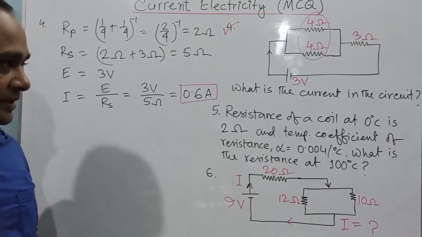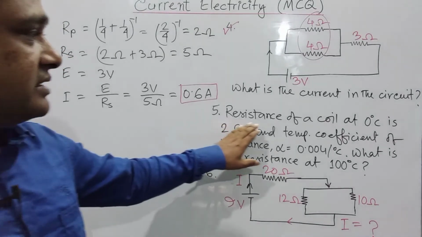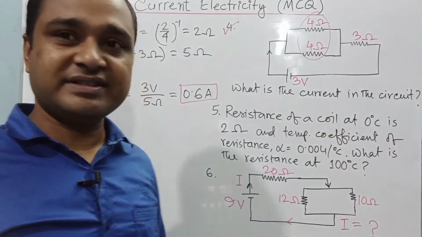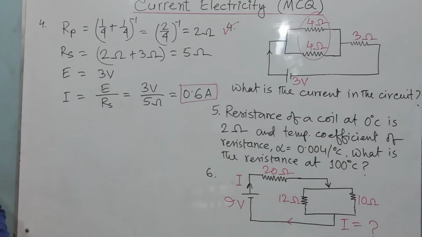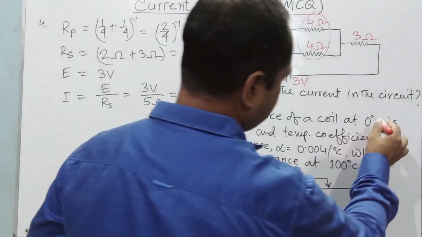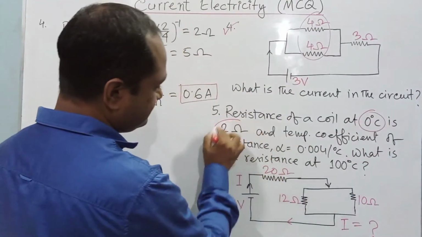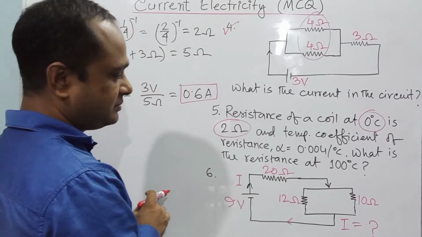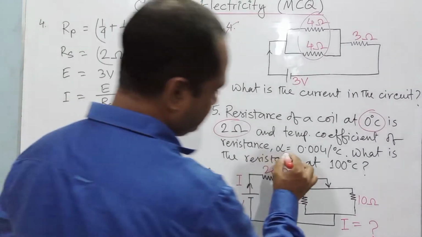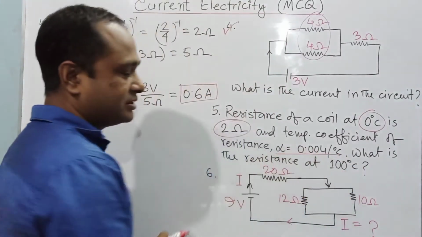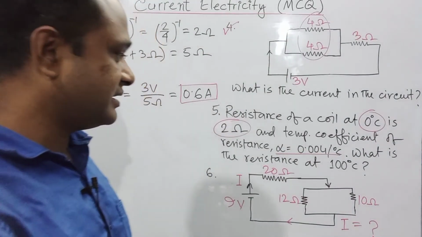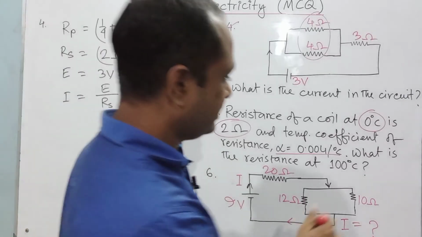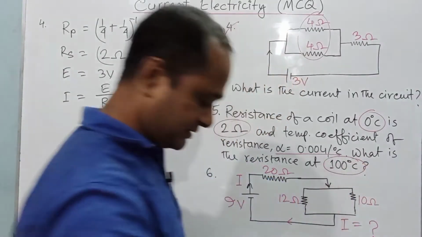In question number 5, they said that the resistance of a coil at 0 degree Celsius is 2 ohm, and the temperature coefficient alpha is 0.004 per degree Celsius. What is the resistance of the coil at 100 degree Celsius, right?